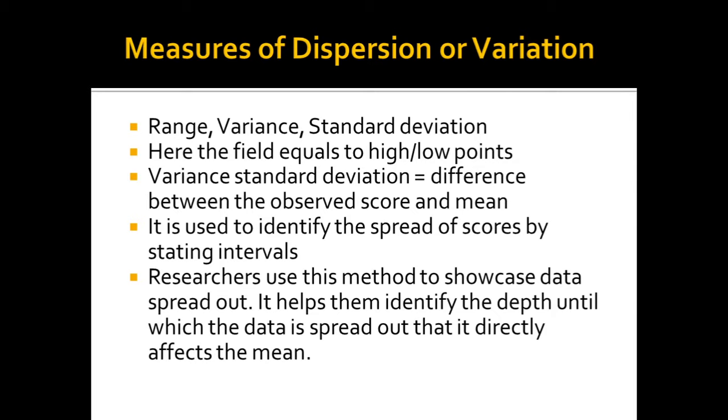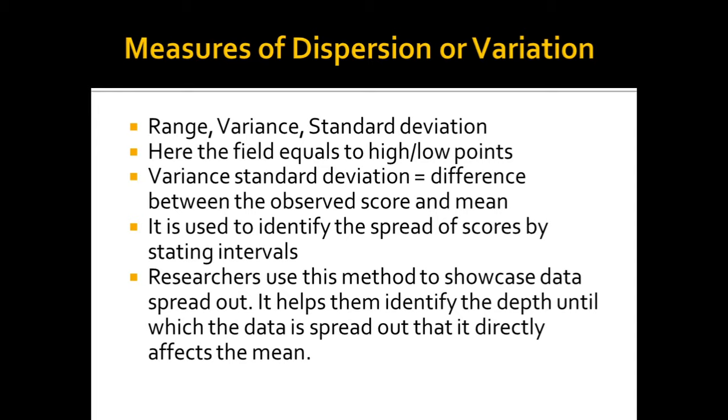And then when do we use them? When you want to identify how the values are distributed from the starting point. So it's basically done on the distribution of the respondents on a given variable. How are their responses on a given variable distributed?